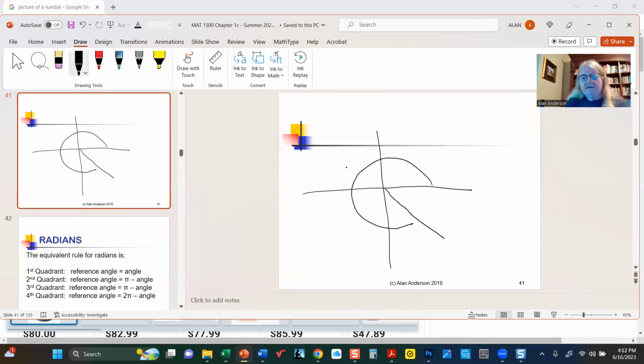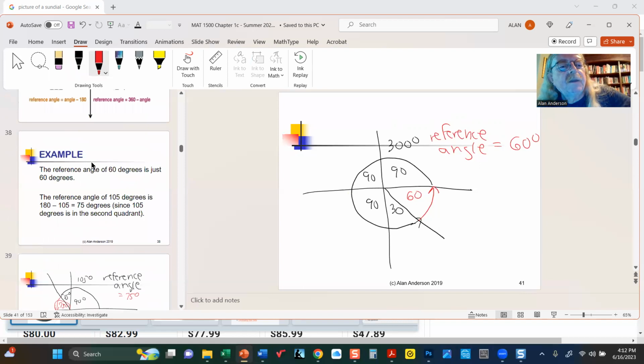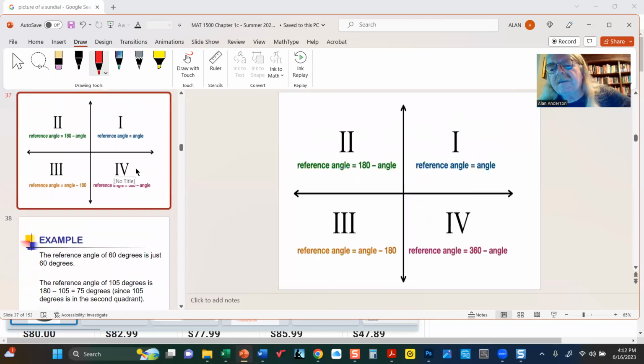It could have been drawn better. Okay, so that's a 300-degree angle. Now, what do we have to do to get back to the horizontal axis? And the rule, according to the table, is reference angle equals 360 minus angle.